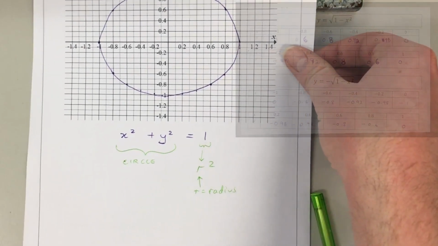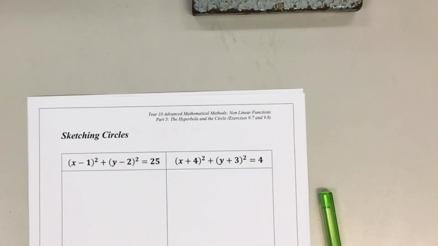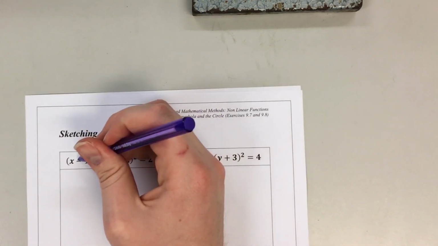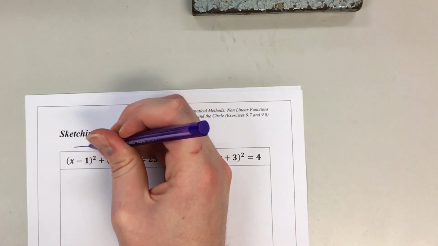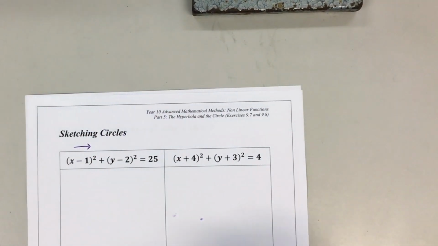In the last lesson, with the last topic with hyperbolas, we were moving the asymptotes around. With circles, you're moving the center point of the circle around. So when it says x minus 1, that is moving to the right by 1.